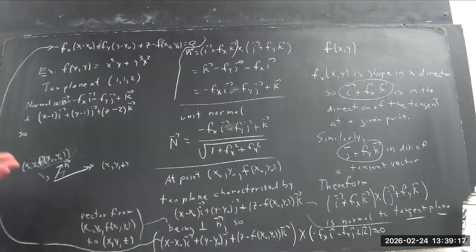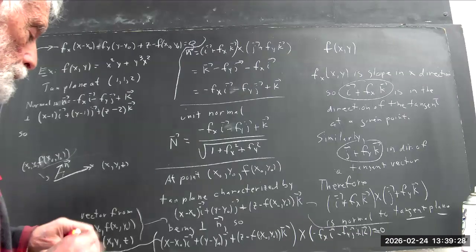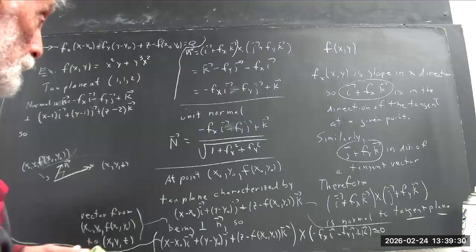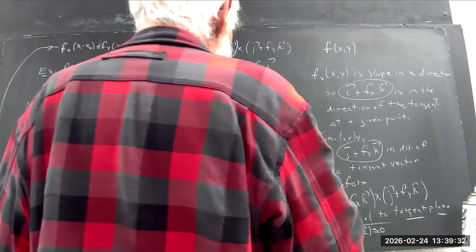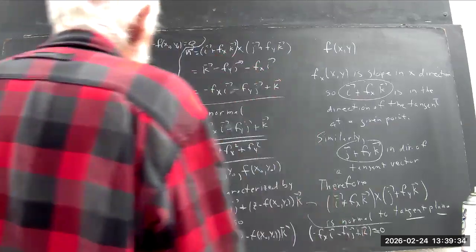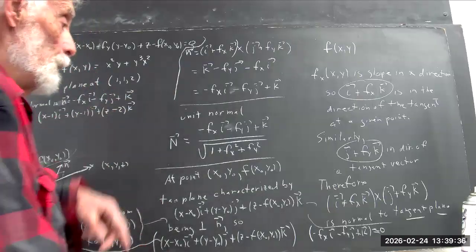Well, we've already seen what happens. We take the cross product. I said cross product. It's another piece of evidence. You should never believe anything I say until I've said it twice. We use the cross product to get the normal vector.